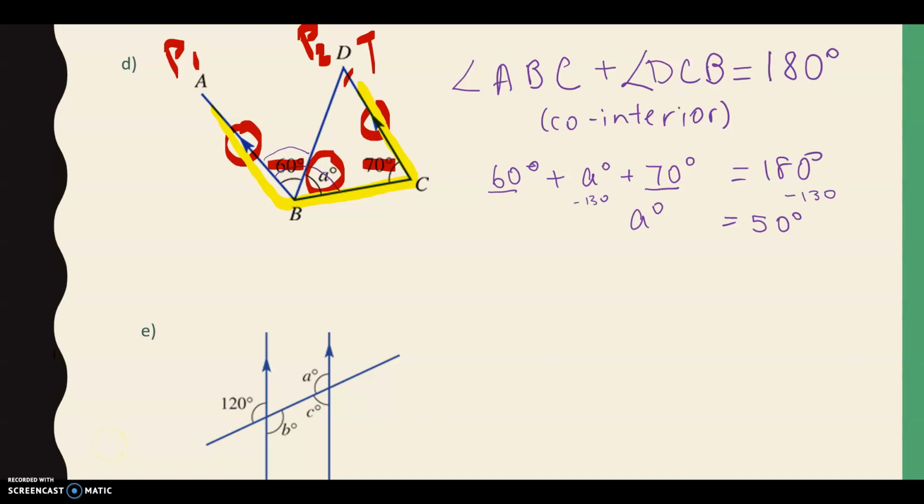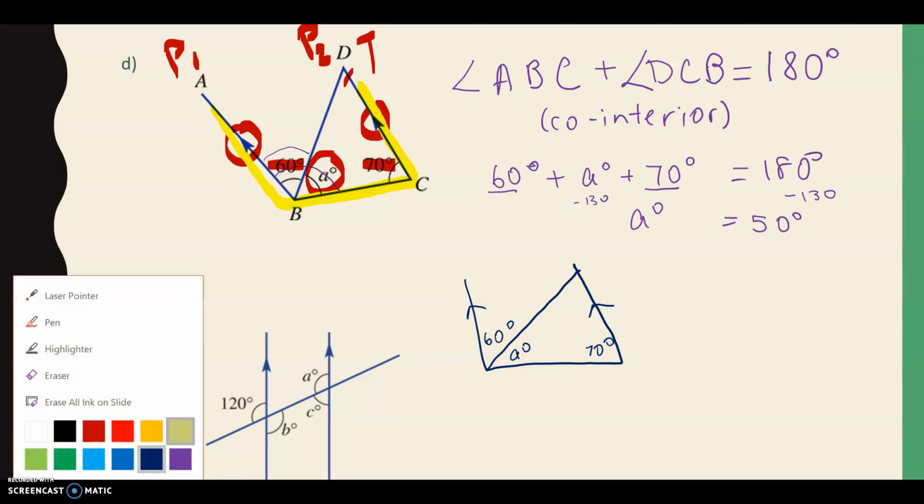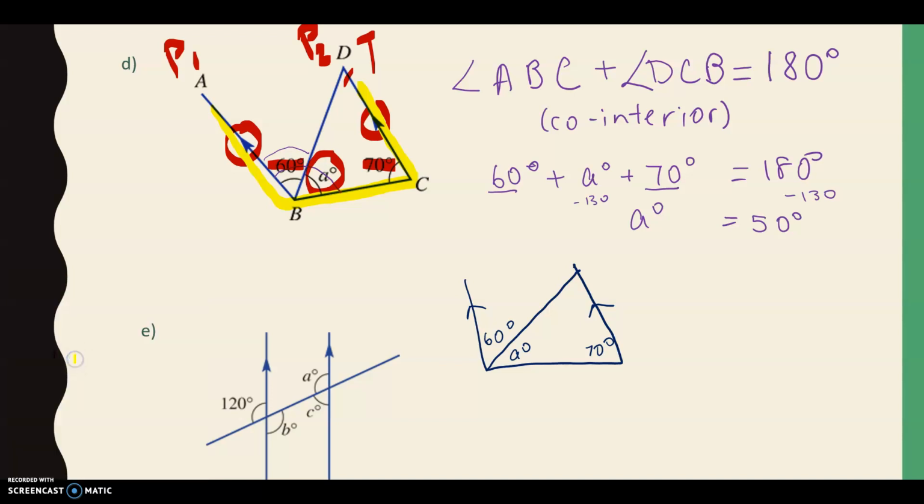Let me just redraw the situation. Okay, the other way to figure this out is using the Z option, the alternate angles. I can see a Z here, okay?